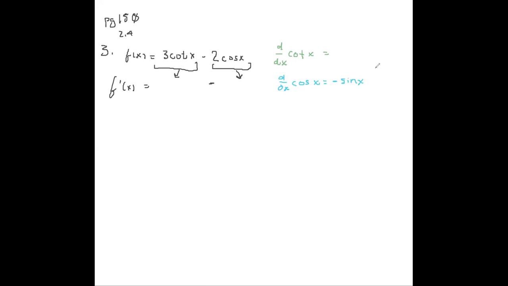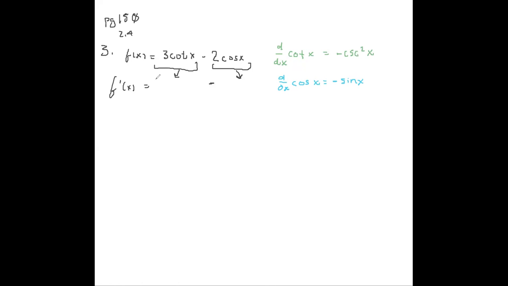And then for the cotangent, it is indeed negative cosecant squared x. Okay. So now that we have these two rules kind of fresh in our minds, we can divvy this up.